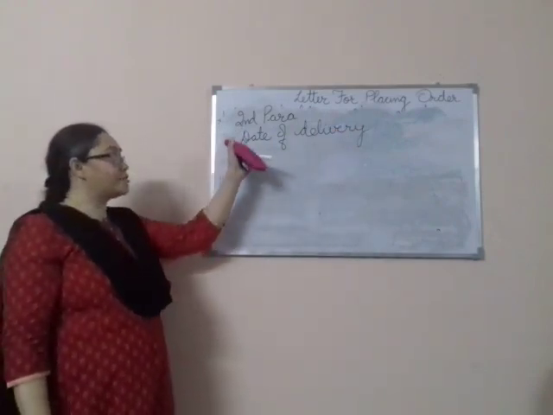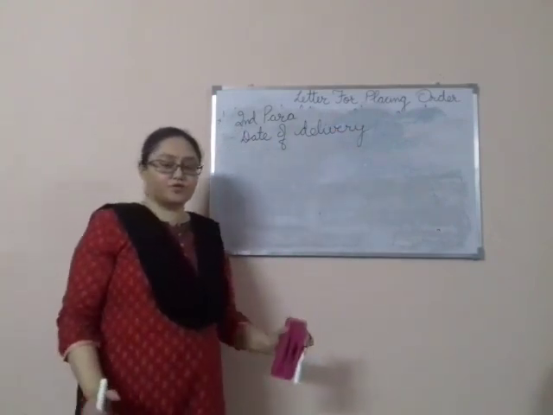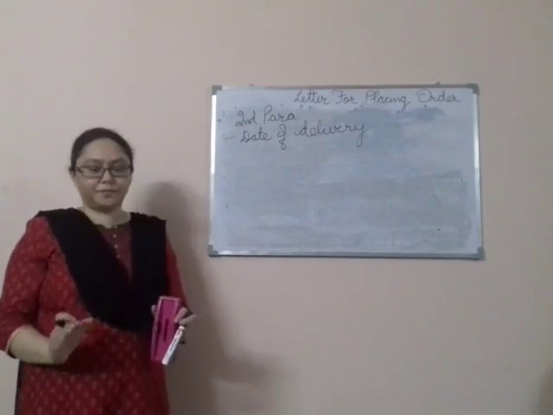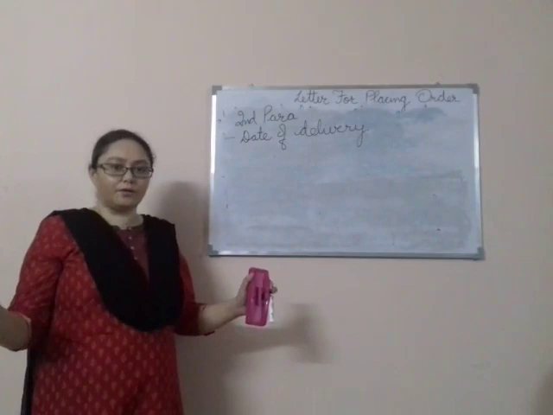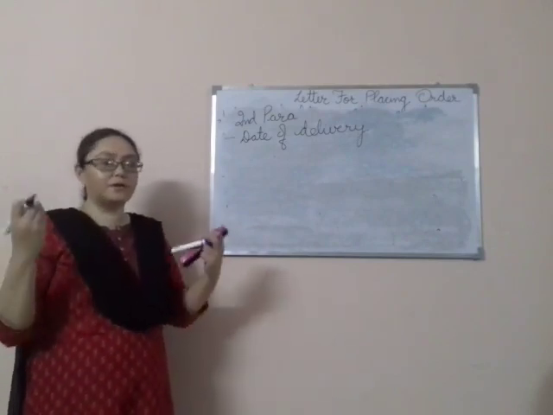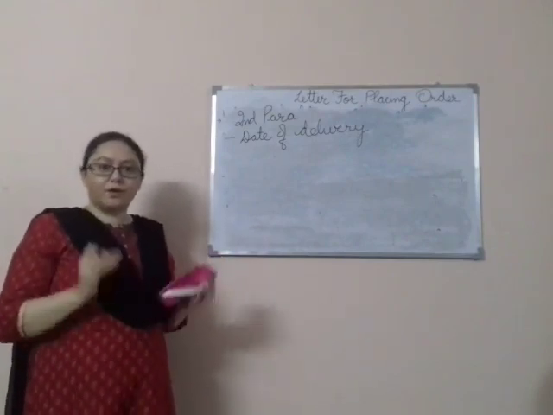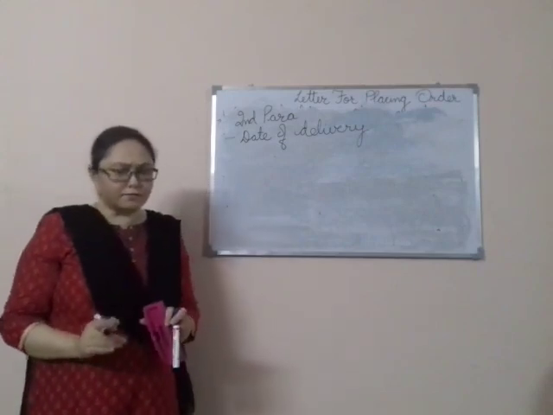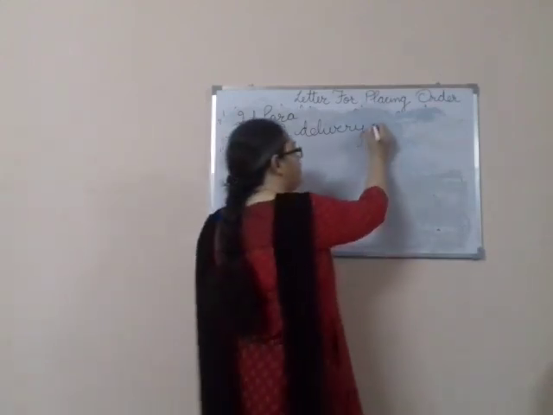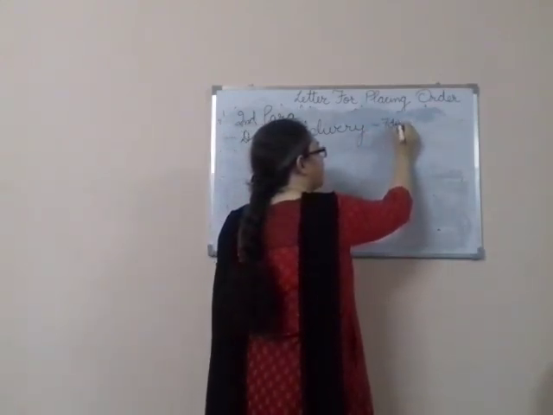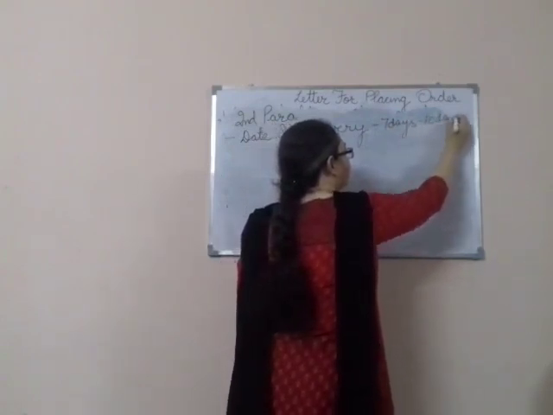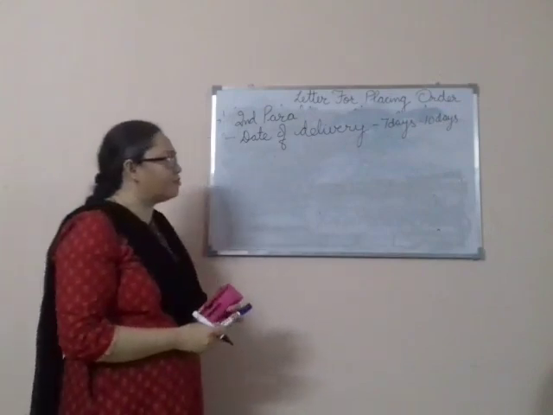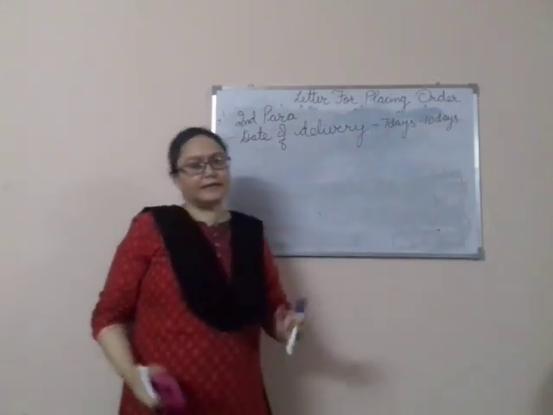When do we expect that the items should be delivered? We should give a date. We should not keep it open, saying that whenever they want to deliver, we are ready with that. We should give a date of delivery. Generally, it is from 7 days to 10 days. So you can just write 10 days.